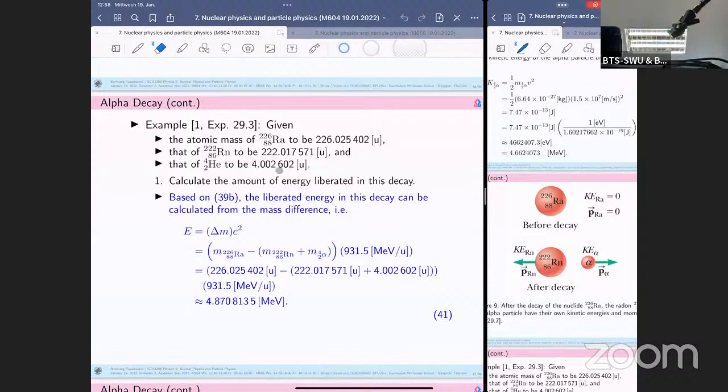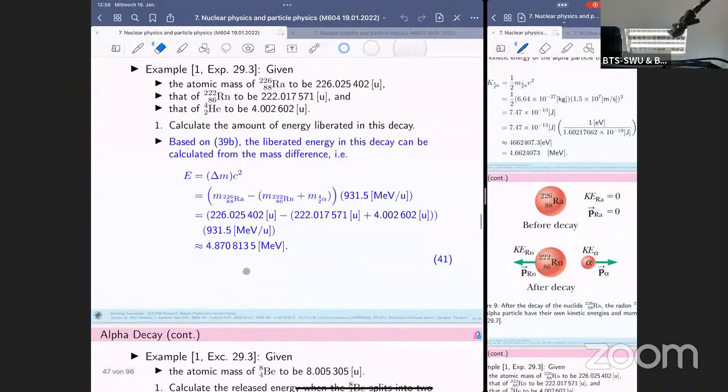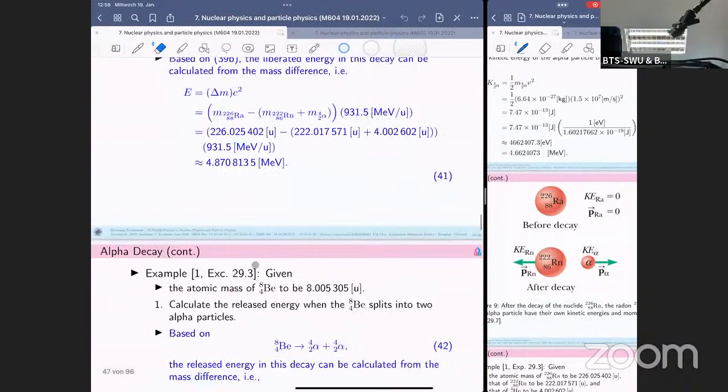We express the mass in atomic mass unit because that's the information the equation has delivered to us, and we convert it by using c squared, 3 times 10 to the 8 squared, and you will get this one, 931. Please use this formula for the faster way. You can also start from the SI expression, but you will end up with this value too. It might be more complicated.